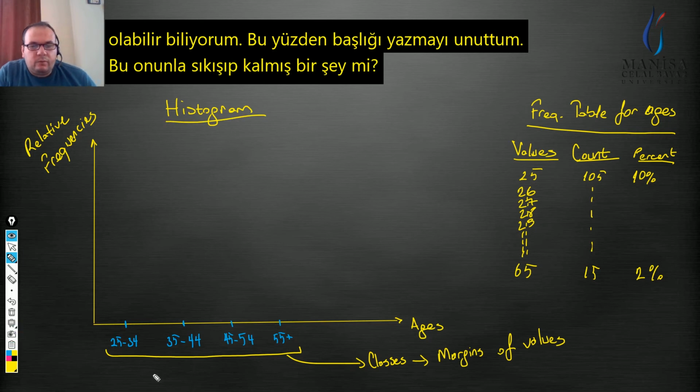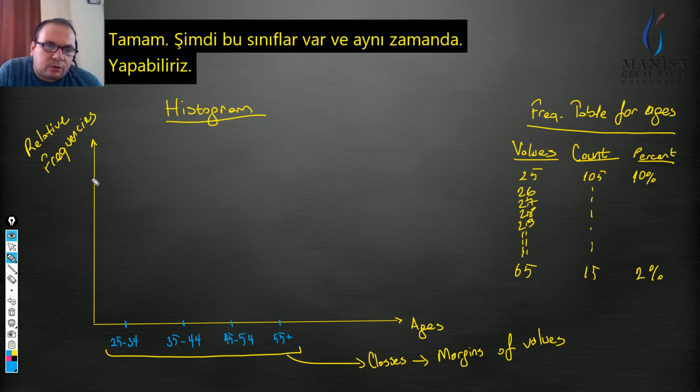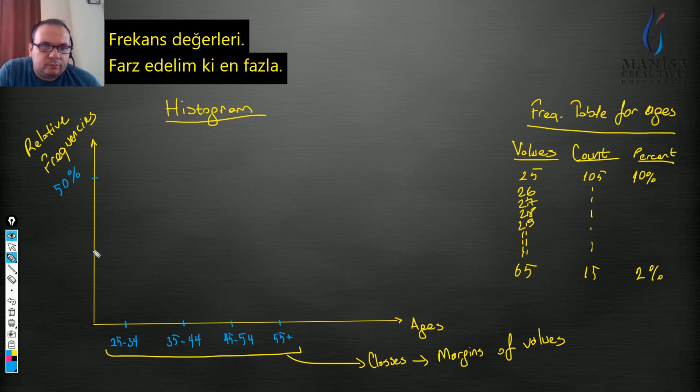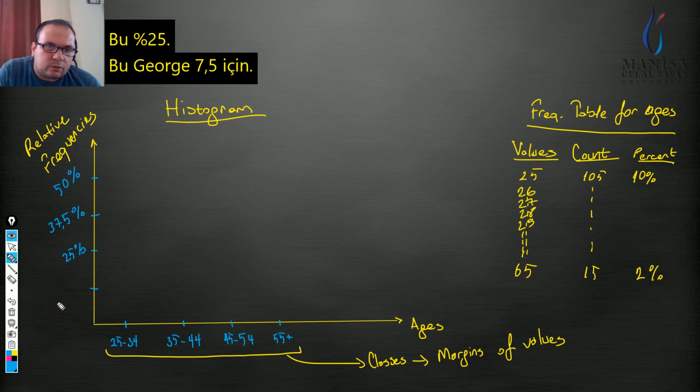Okay, now we have these classes, and also we can have the frequency values. Suppose that we have a maximum of 50%, and this is for 25%, this is for 37.5, and also this is for 12.5.